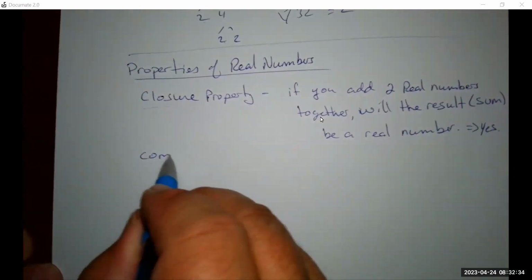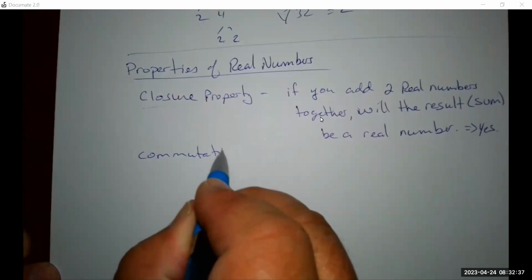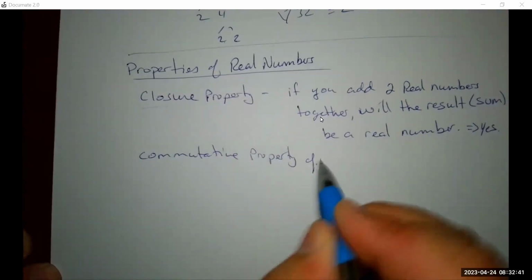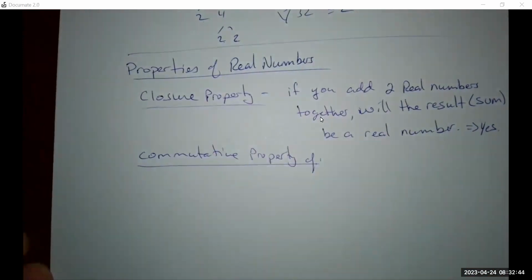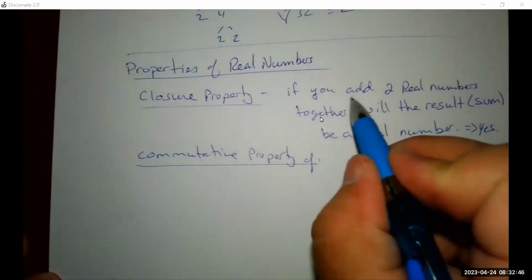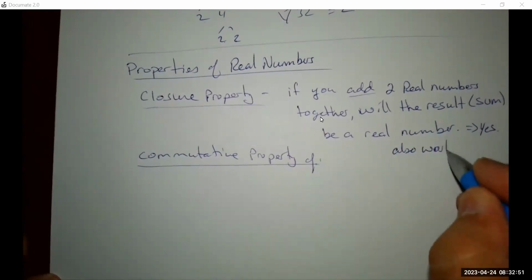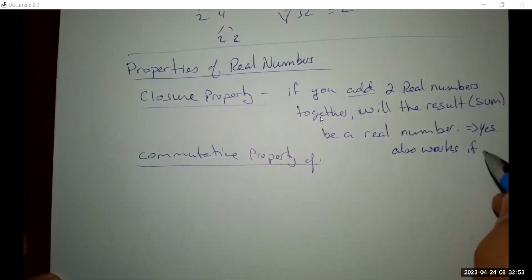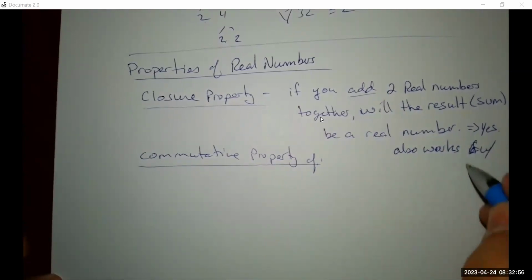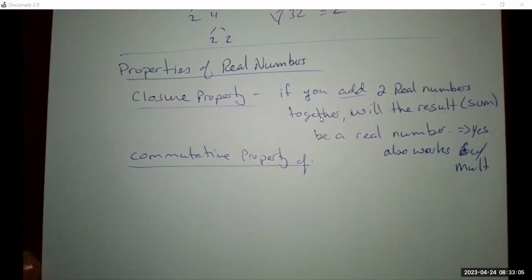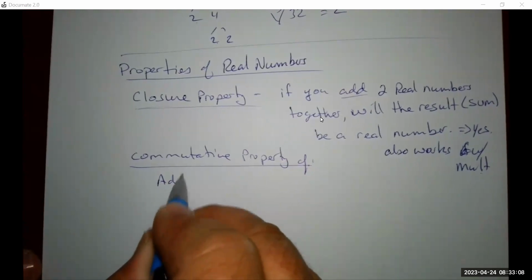You have the commutative property. It also works if you multiply them. With multiplication, if you take two real numbers and multiply them together, you get a real number. All right, so we have the commutative property of addition.